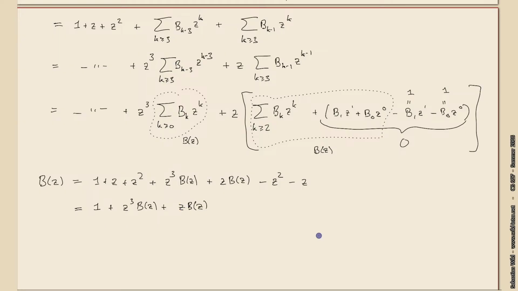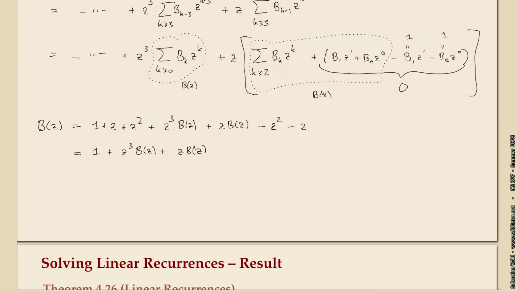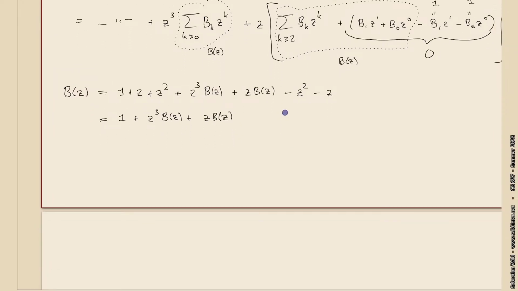Now that's a lovely equation that I can solve for b of z. And we can try to bring all the b of z terms to one side. So it's b of z times 1, then minus z cubed and minus z.